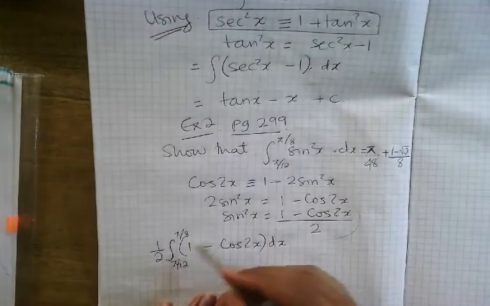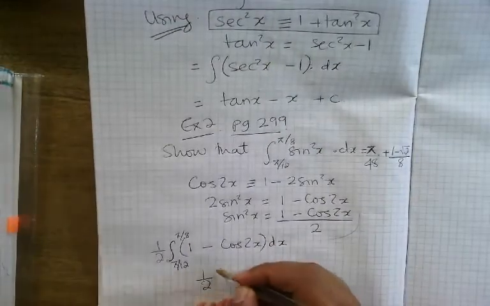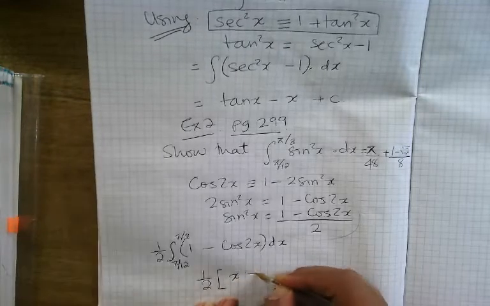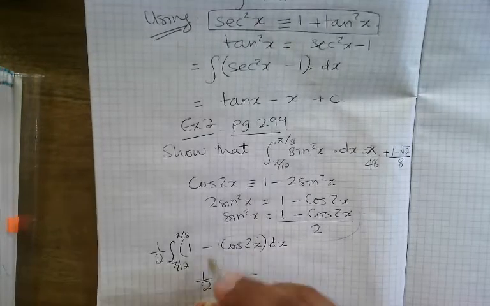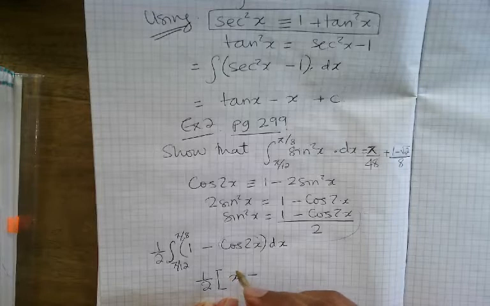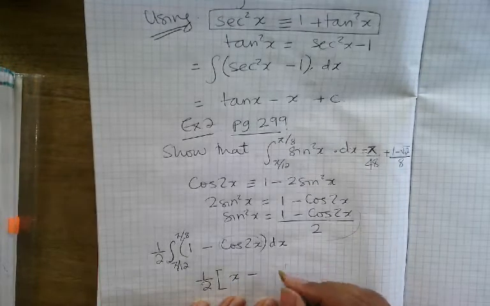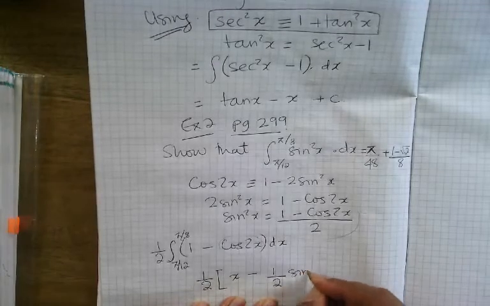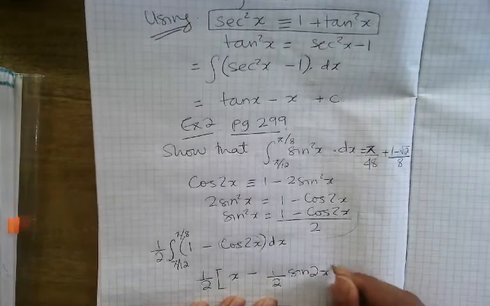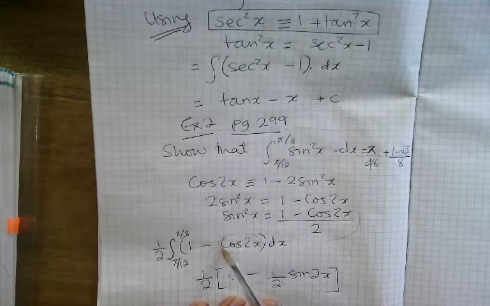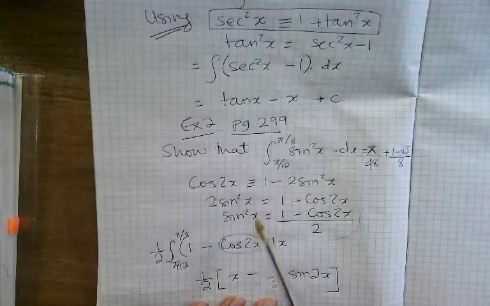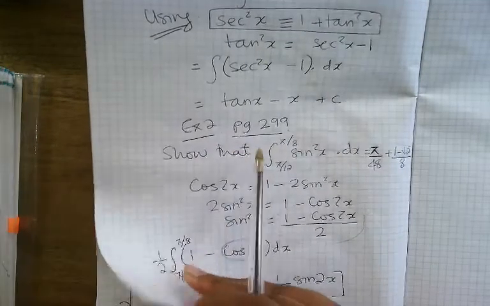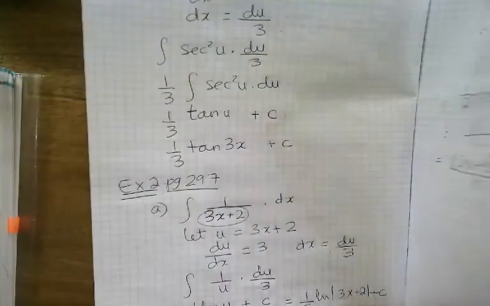So if I integrate 1, I get x. If I integrate cos 2x, I am going to get 1 over 2 sine 2x. I know that because of reverse chain rule.